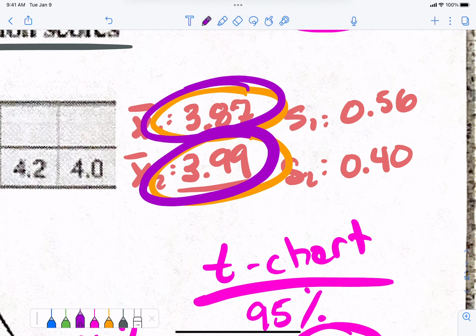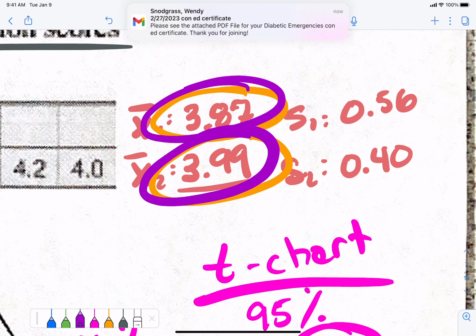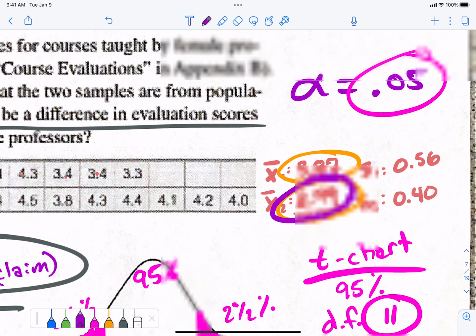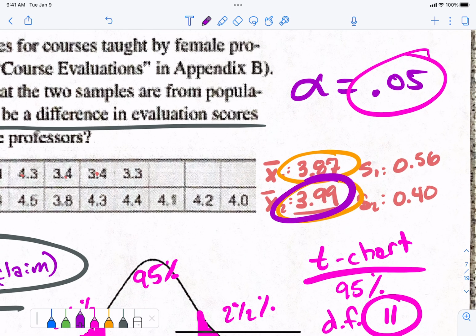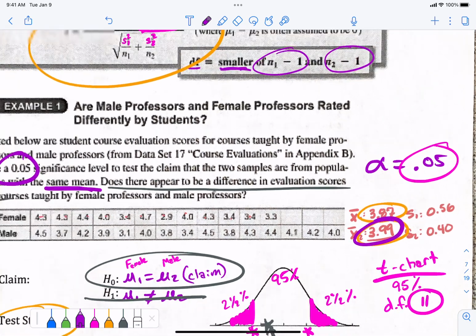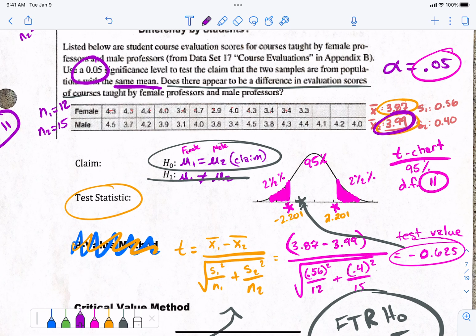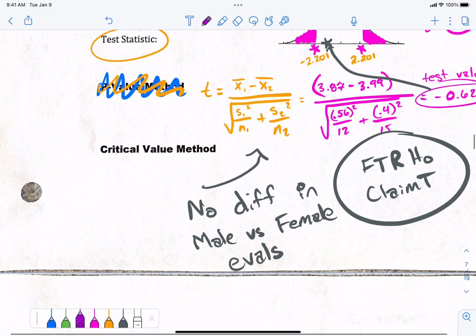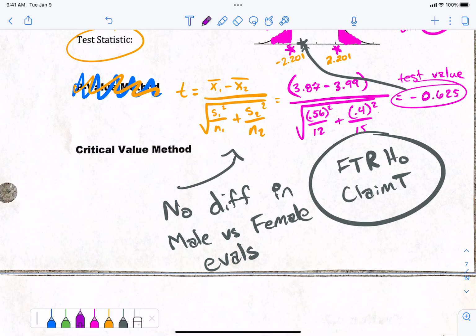So according to this, our males were slightly better than females, right? But in our conclusion at the end, was it enough to say that males are ranked more favorably than females? No. Just according to our data, we had a slightly bigger number for males, right? But there is no difference in male and female evaluations in the long run, right?